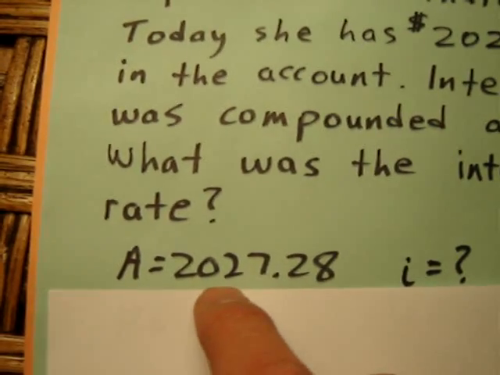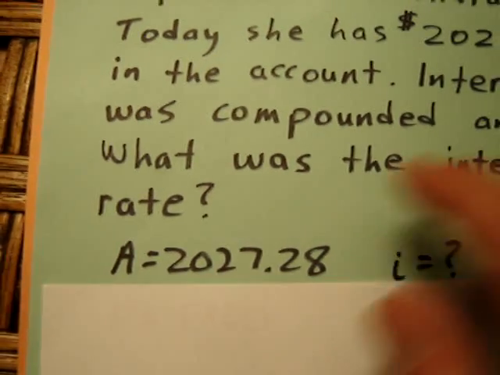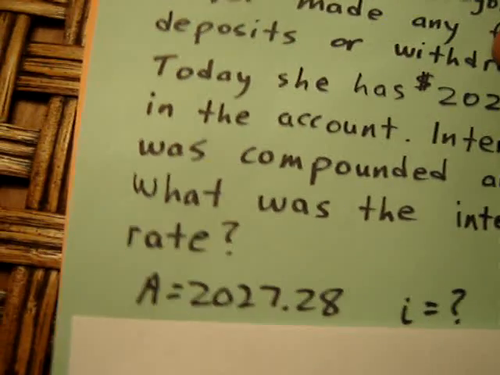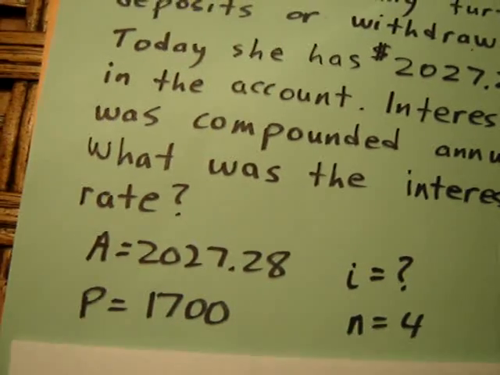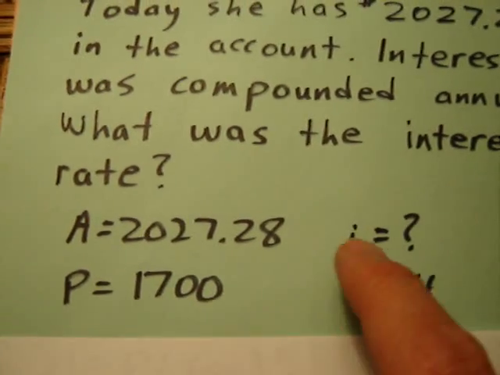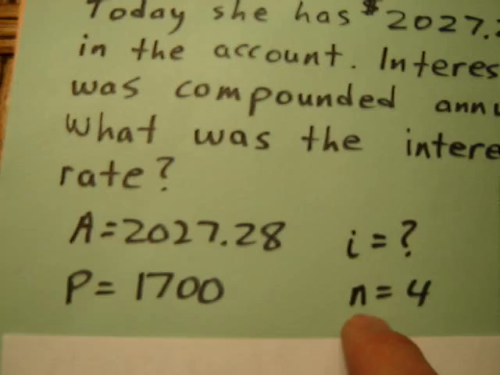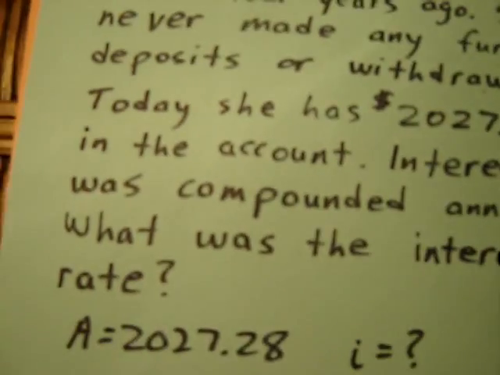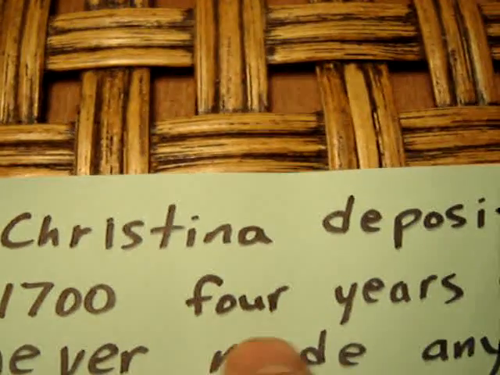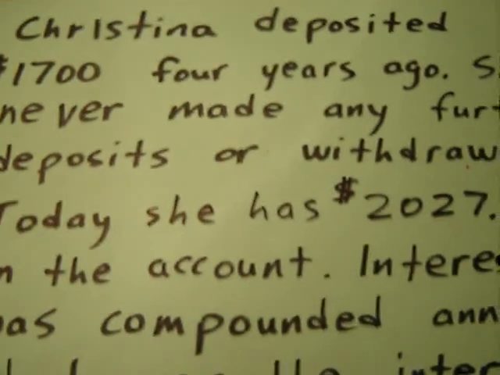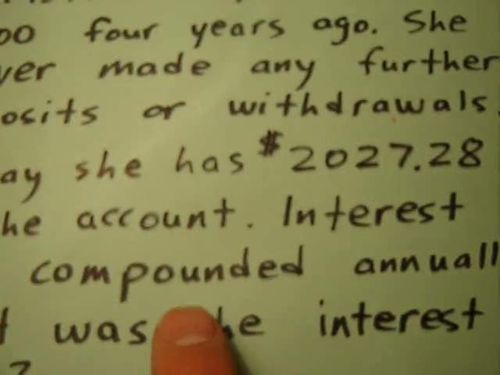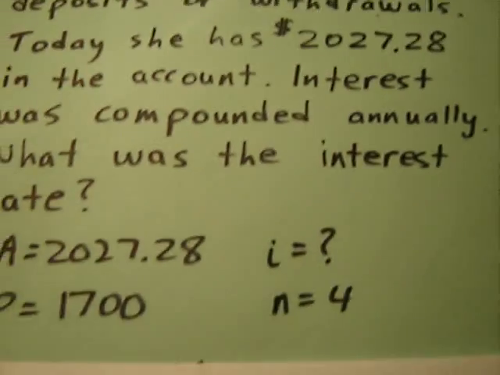The amount after was $2,027.28. The amount prior was $1,700. Little letter I is essentially what we're looking for, and n equals 4 because this occurred 4 years ago and because the compounding occurred annually.